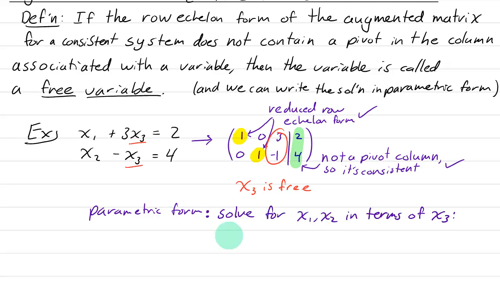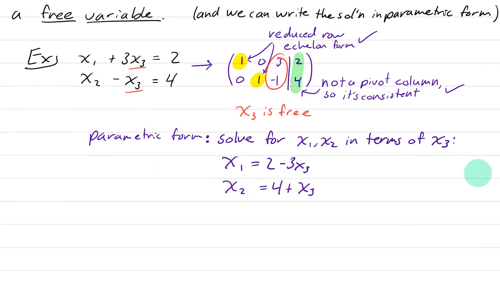So that would look like x1 equals 2 minus 3x3, just subtracting that 3x3 from both sides, and x2 equals 4 plus x3. And you could just write down what x3 is, just to show that it's clear that that's another variable, and just write x3 equals free.